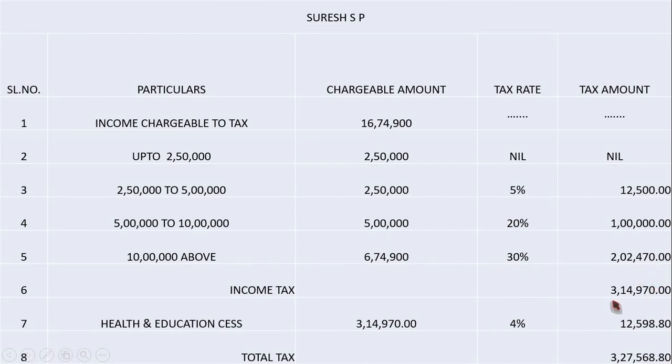2,02,470. Total income tax is 3,14,970. Add 4% health and education cess, that is 12,598.80. So total income tax is 3,27,568. I think he made 569.